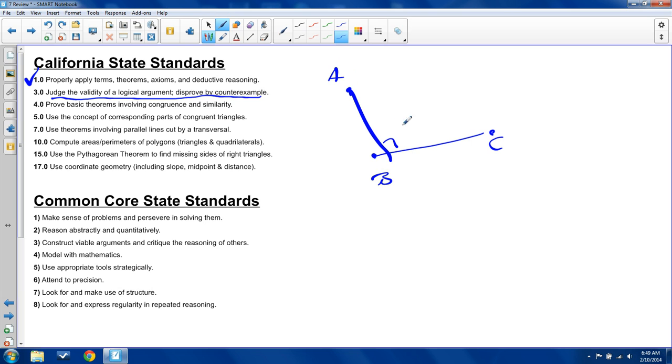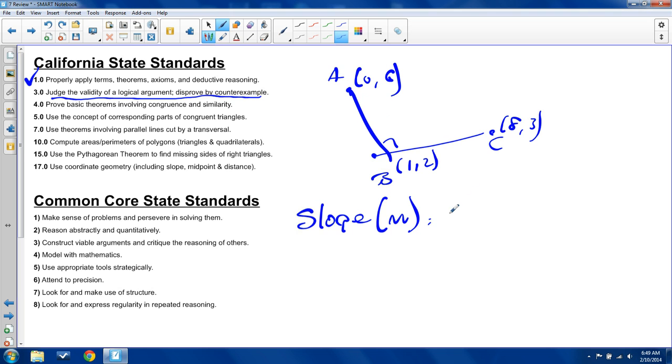Make the assumption that they do. And this point is (0, 6), this point is (1, 2), and this point is (8, 3), whatever it is. Well, now you take the slope. By the way, I'll make sure I define slope for you. It's also m = (y2 - y1) / (x2 - x1).